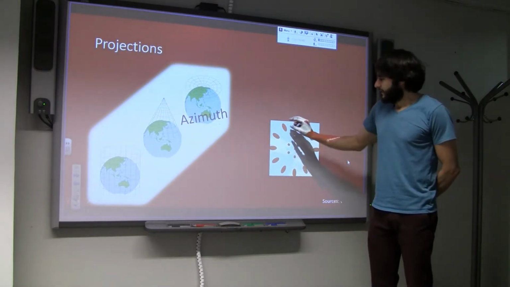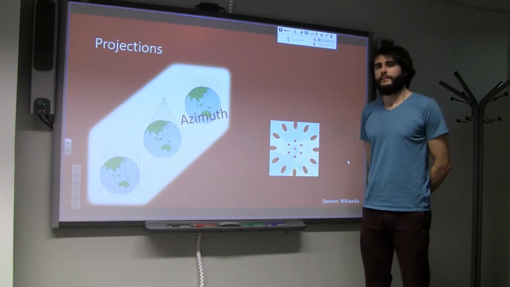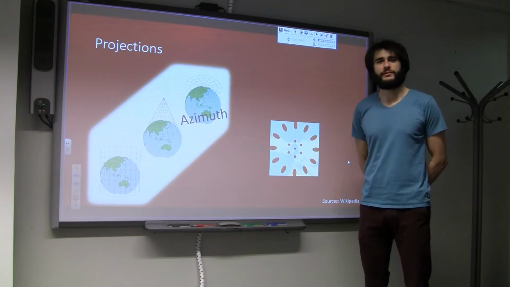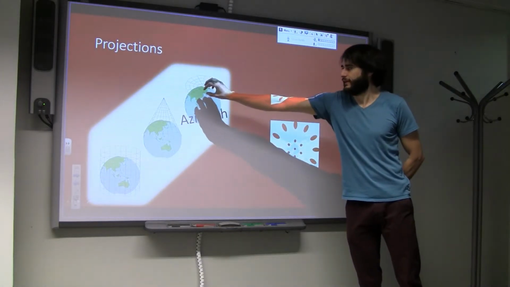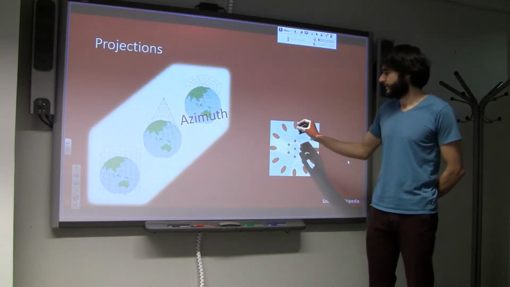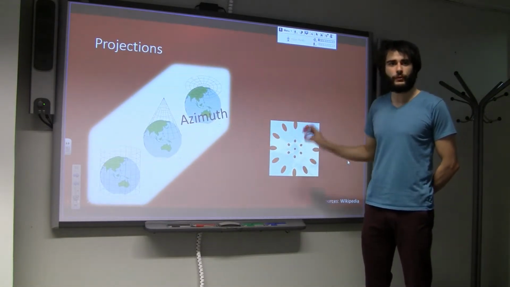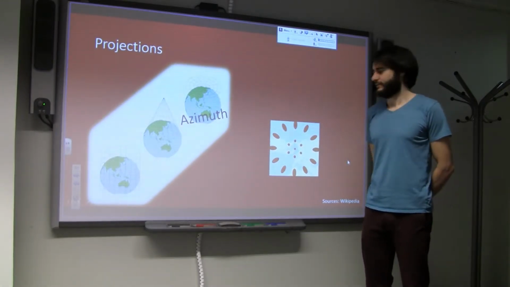These circles here that you see in red, they should actually be circles on the globe. So they are actually circles on the globe, but when you do the projection, they get distorted in this way. They have a name.